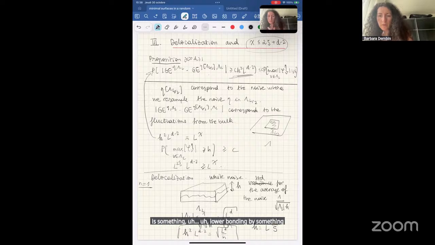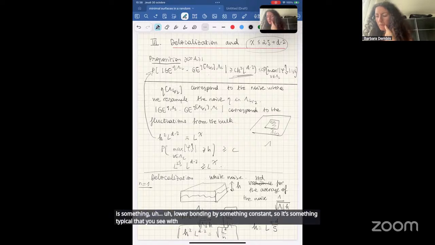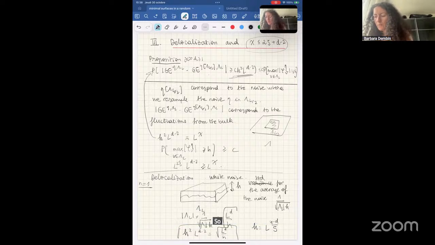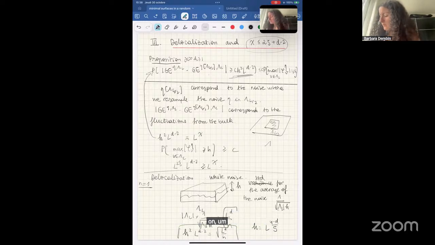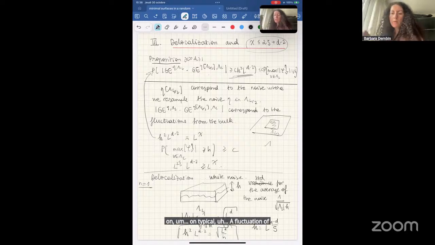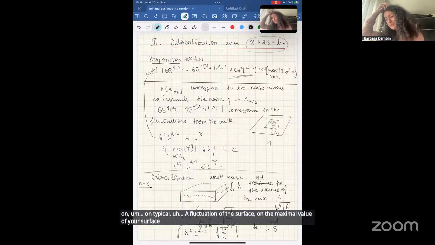So it's something typical that you see with a positive probability. So it implies that with positive probability, your surface goes above this height h. And so this is why it's a delocalization result, because it gives you a lower bound on the typical fluctuation of the surface, on the maximal value of your surface.